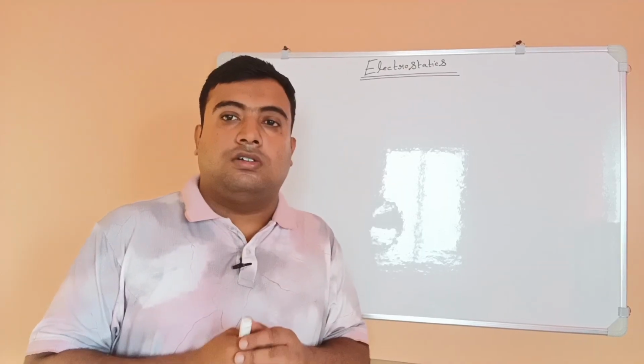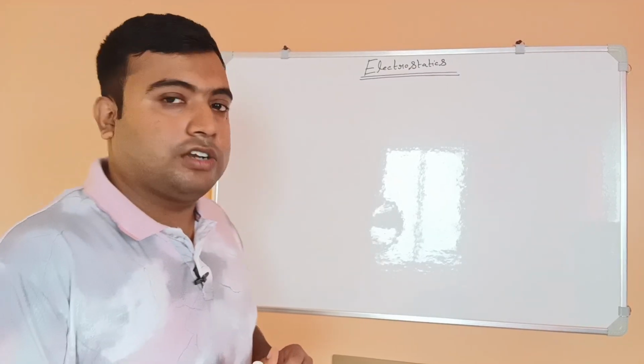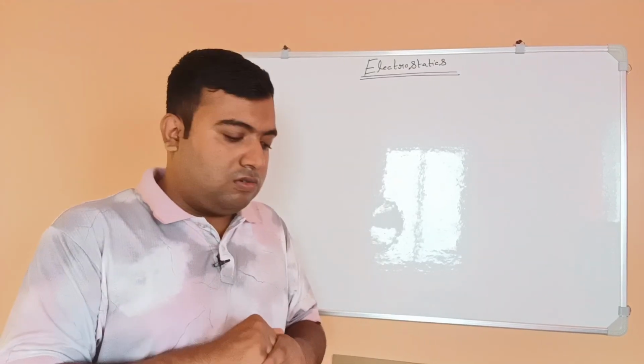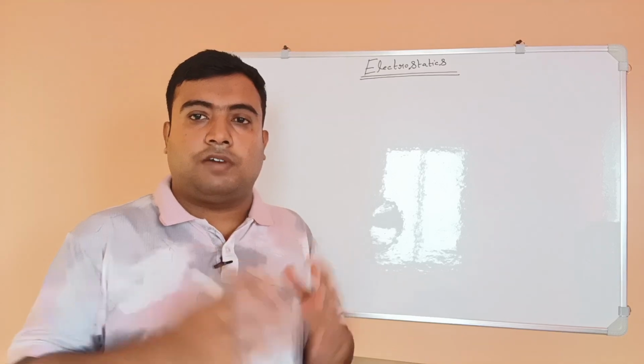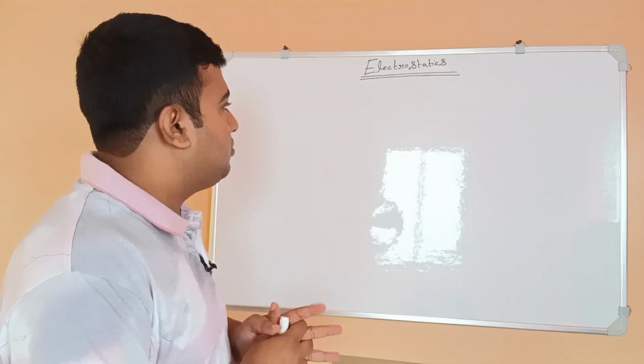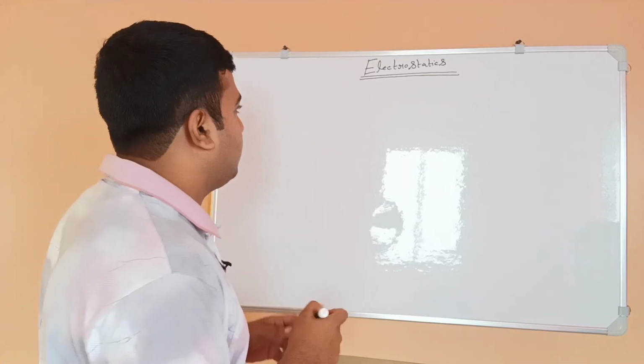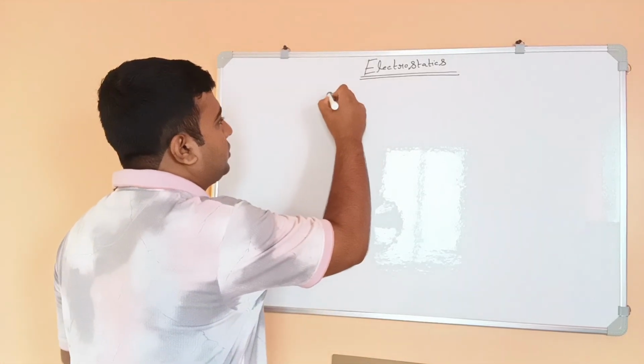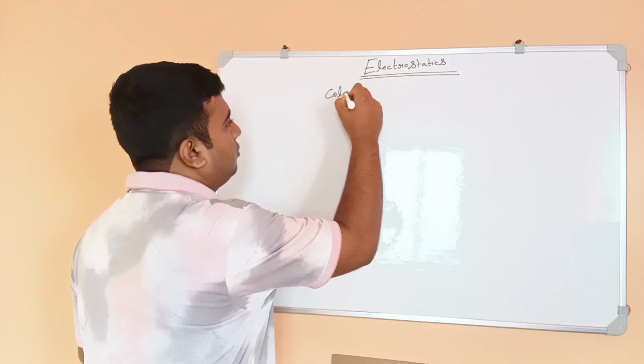So we are talking about electric charge. We have discussed that charge is quantized. The force between two point charges is given by a basic law of physics, that is Coulomb's law.